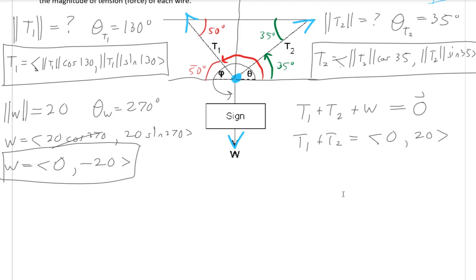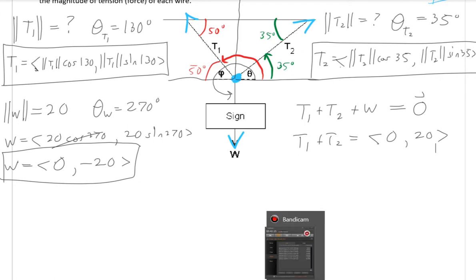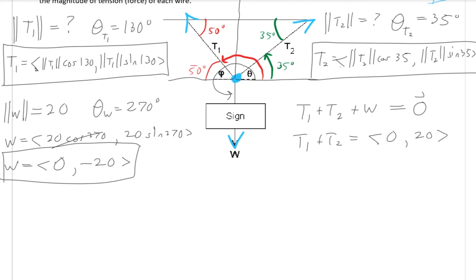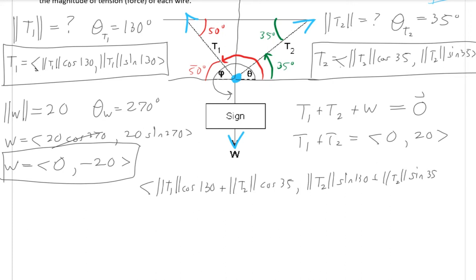So then, if we take what T1 and T2 are, we have the addition of those to be the magnitude of T1 times cosine of 130 plus the magnitude of T2 times cosine of 35. And then for the second component, we have magnitude of T1 times sine of 130 plus magnitude of T2 times sine of 35 equals 0 and 20.